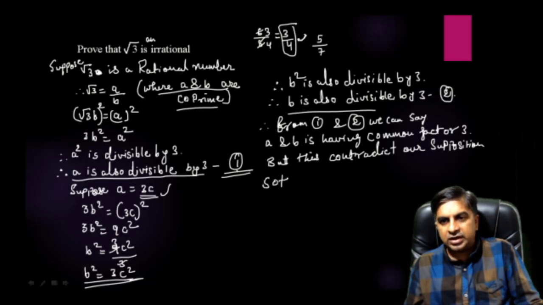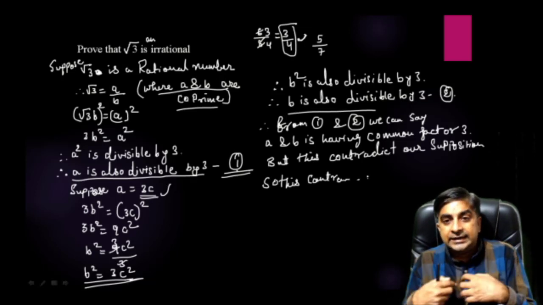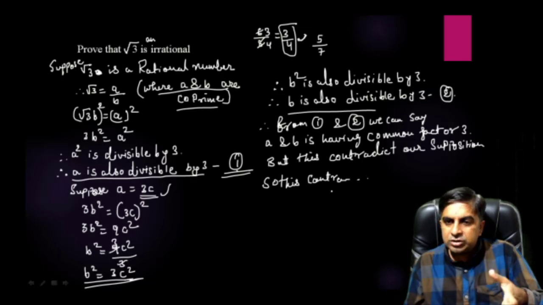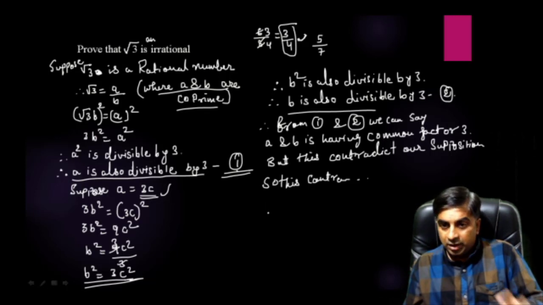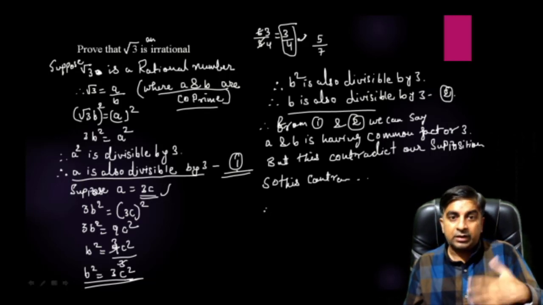So this contradiction has arisen due to our incorrect assumption that root 3 is rational. Our assumption that root 3 is rational became wrong.